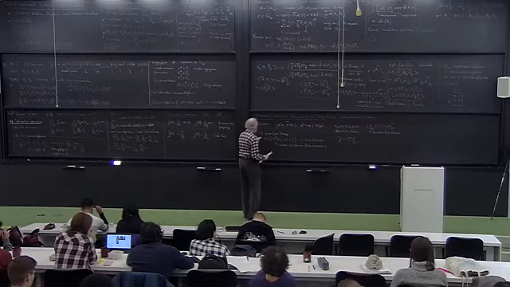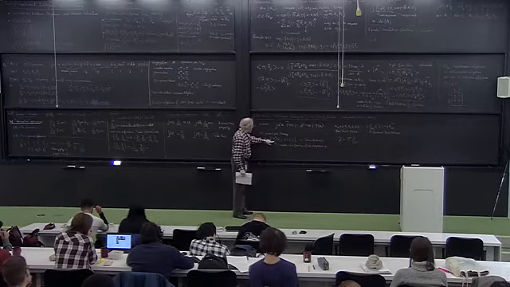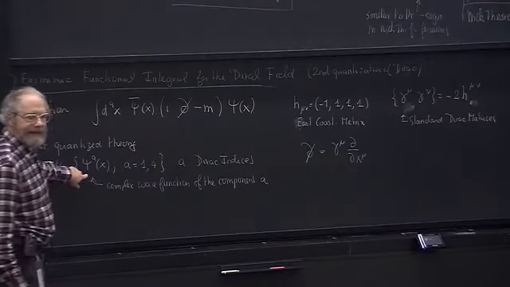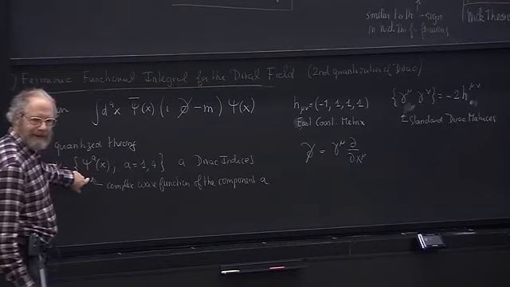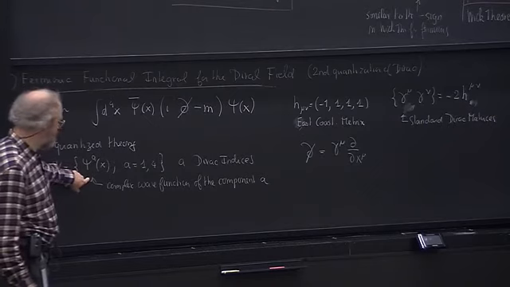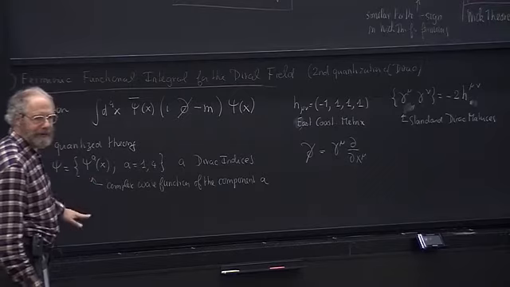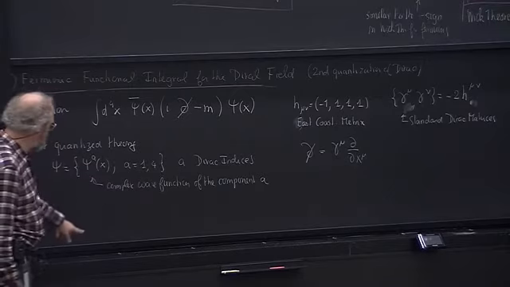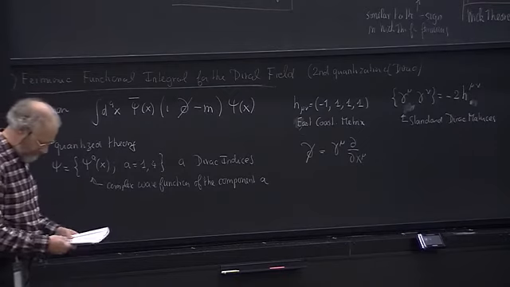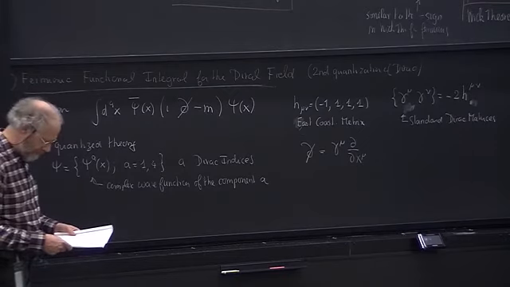So in the first quantized theory, of course, the psi a of x are wave functions of a quantum object, but they are classical functions, complex functions from space-time to the space of spinors.